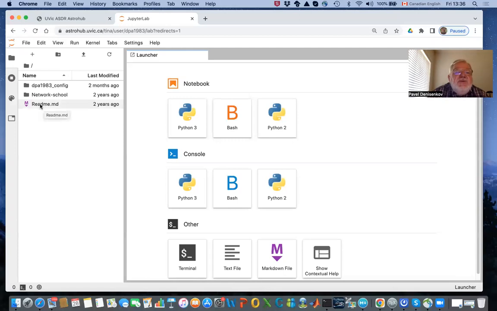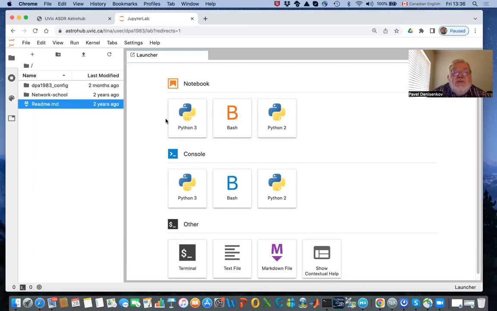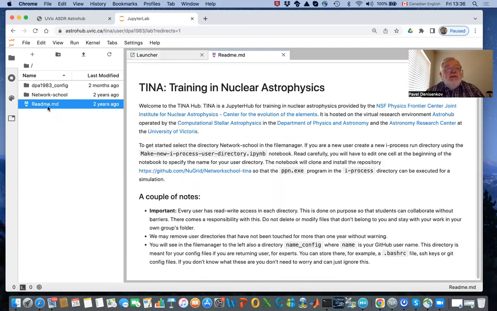To open this README file, you click the right button and go to open with Markdown preview, not with editor, but Markdown preview. When you do this, you will see this short README file, which explains what you can do with TINA.